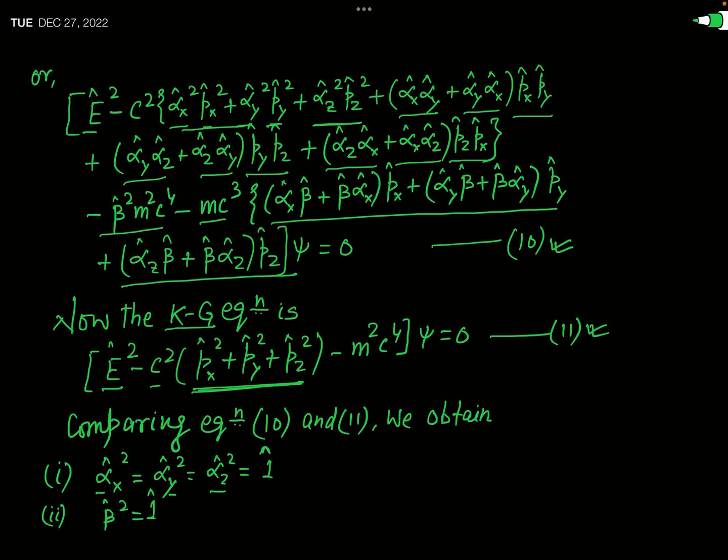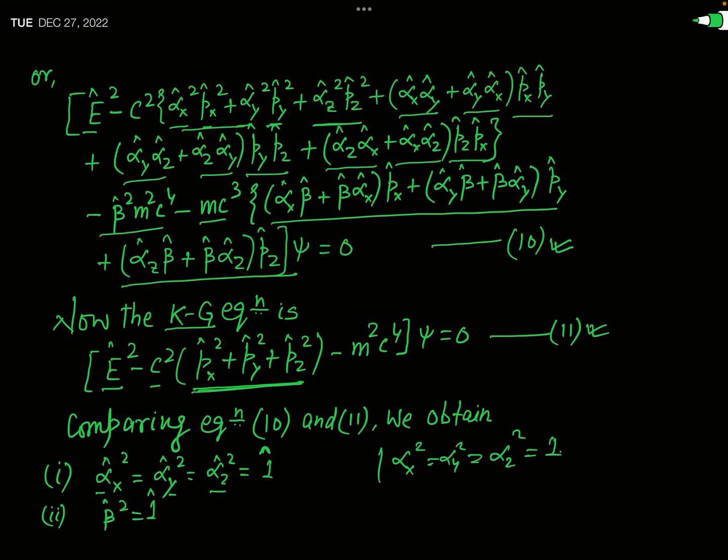I have written here 1 hat. This is the unit operator because I have written it in operator form. If you do not write it in operator form, you will write alpha x square, alpha y square, alpha z square, and this can also be written as 1.